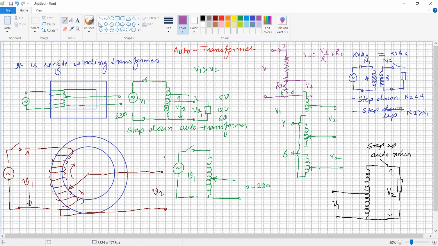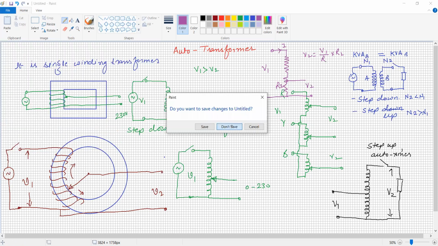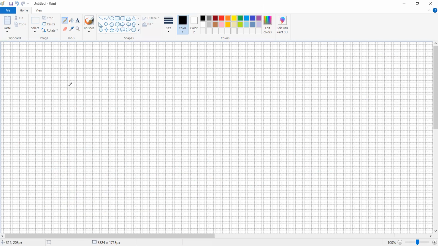The reason is, say in the auto transformer, and this is the voltage divider circuit. So what is the auto transformer?